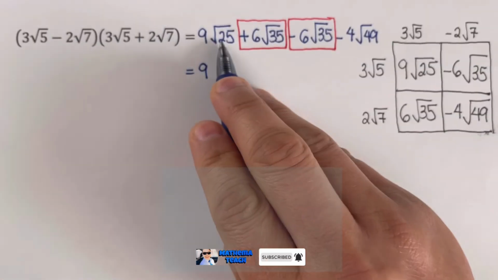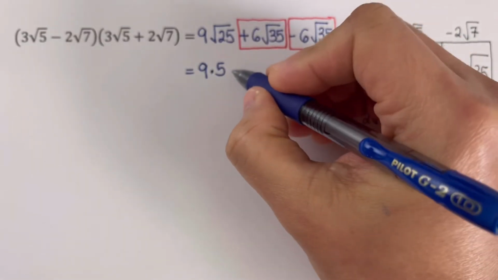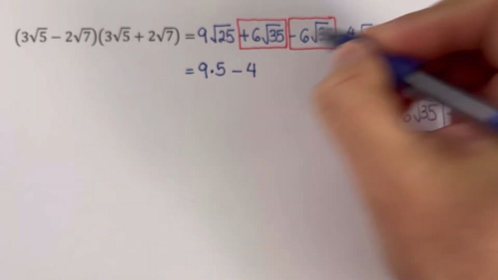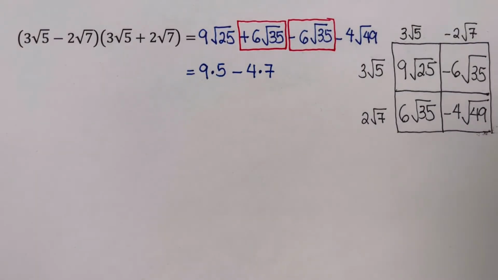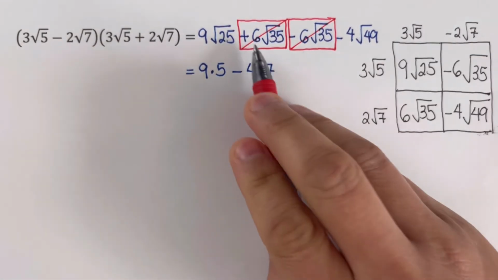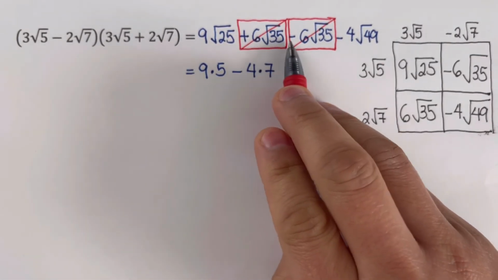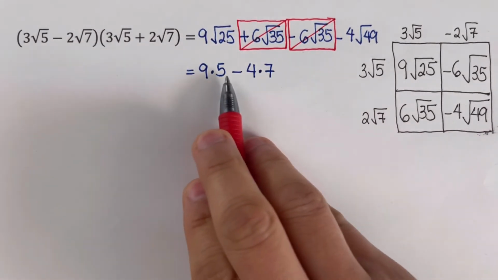The square root of 25 is 5. And then we have a minus 4. The square root of 49 is 7. So again, we actually canceled these two out because positive 6 minus 6 is 0. So it turns out 0, so it's gone.